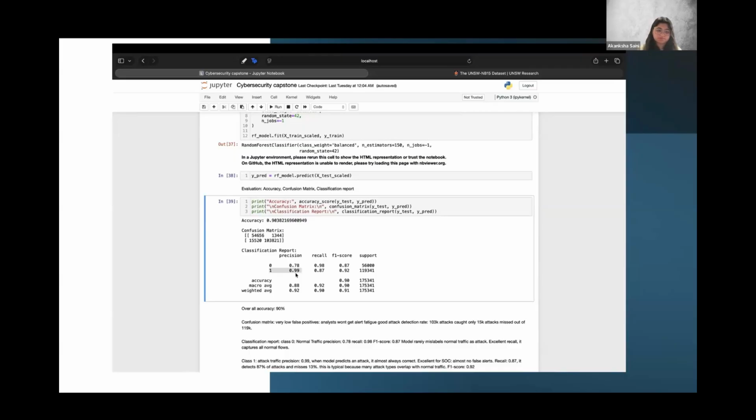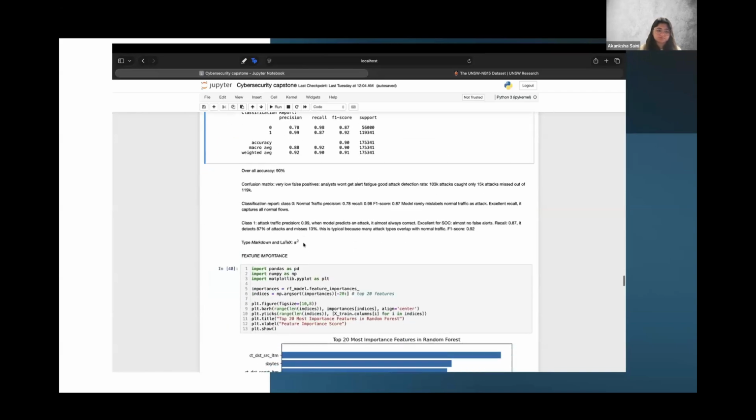This meant that when a model alerts the SOC that an attack is happening, it is almost certainly correct. And it successfully filters out the known attacks like the denial of service and generic exploits with very few false positives that you can see in the confusion matrix here.